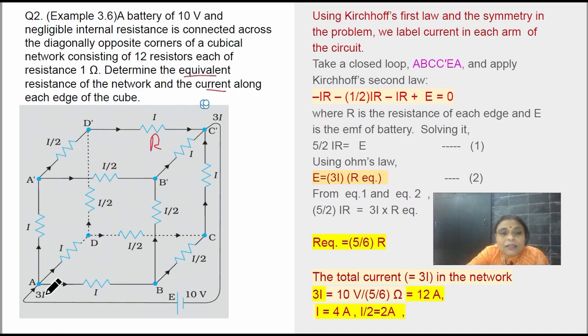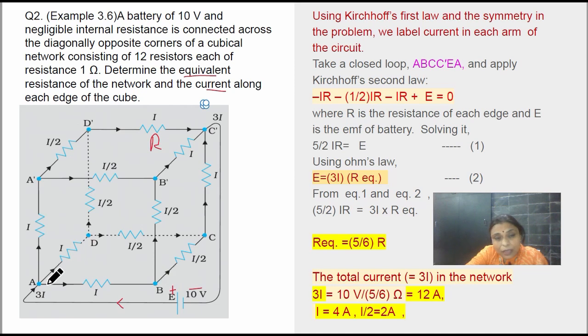See, consider this point, the source of the current. We have a battery here, and this is the positive end of the battery and this is the negative end. So obviously the current flows out of this end, moves to the point A, and from here it enters the cube.